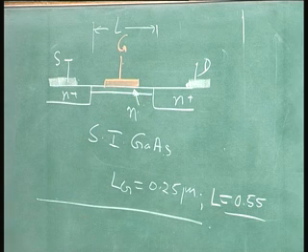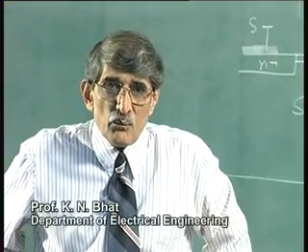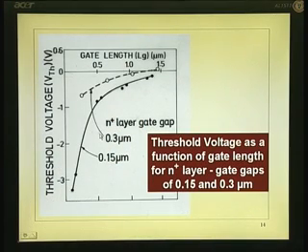Okay. Now, with that background, I just see this particular diagram. Why? What is happening here? What we see is when the channel length is long, for a 0.3 micron gap, for a 1.5 gate length, 1.5 plus 0.6, 0.3 on both sides, so that is actually 2.1 micron.